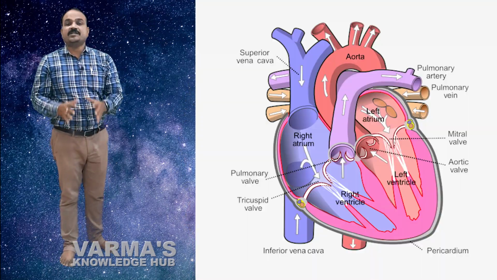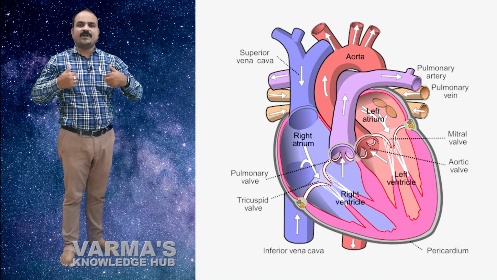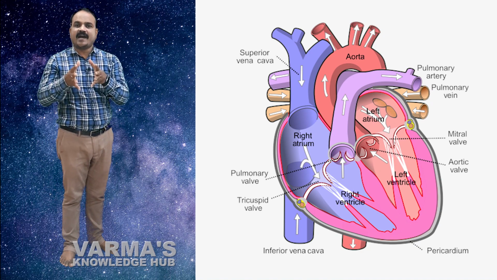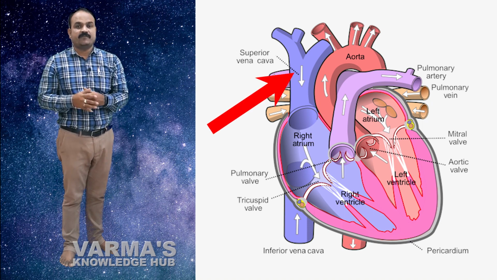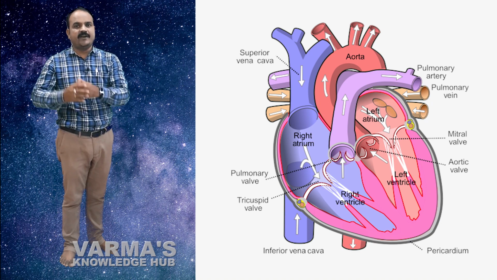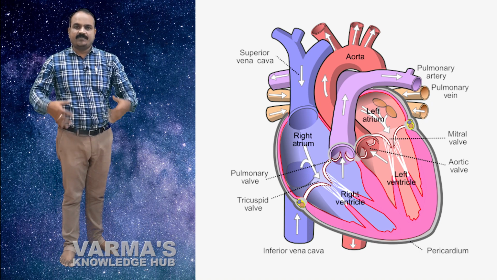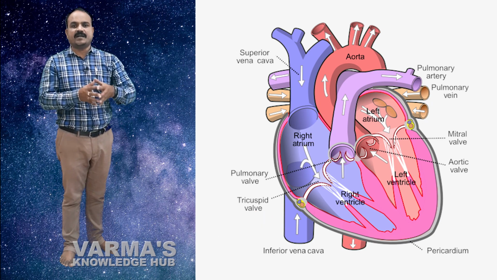We know that veins carry impure blood to the heart. From the upper parts of the body, the blood is carried to the heart with the help of superior vena cava. Vena cava are the largest blood vessels that carry impure blood. They are called veins. And from the lower parts of the body, inferior vena cava carries impure blood.